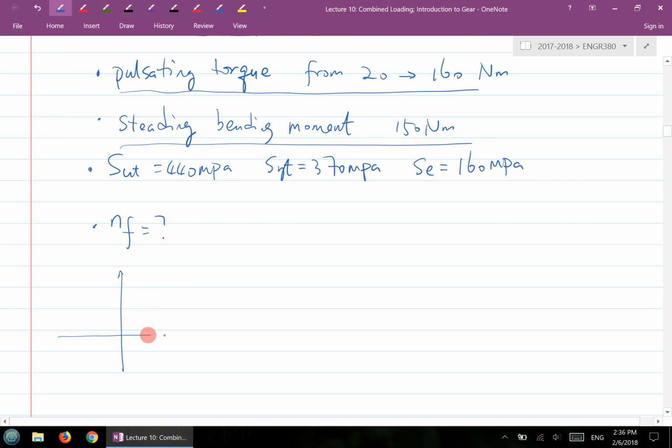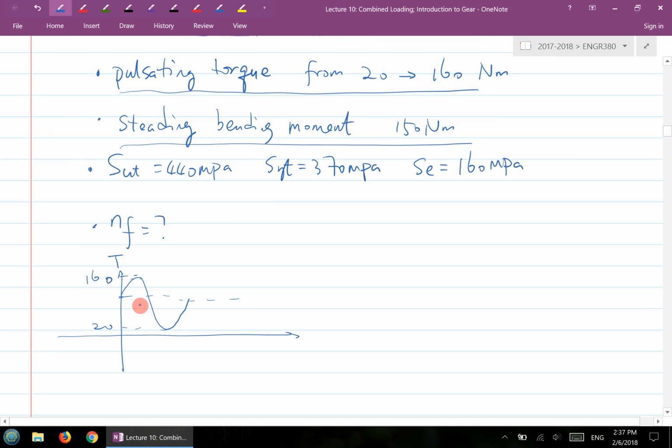If I illustrate this, it means you have a torque applied to the shaft, changing from 20 to 160.